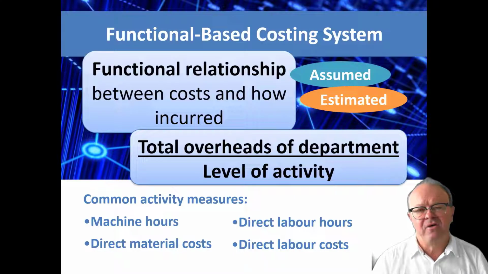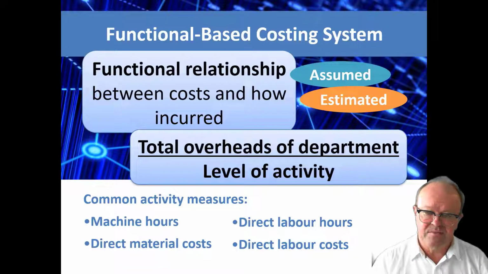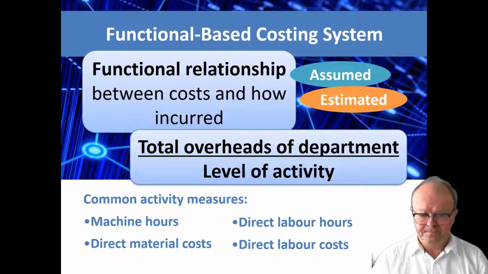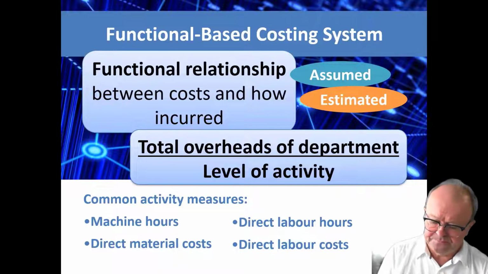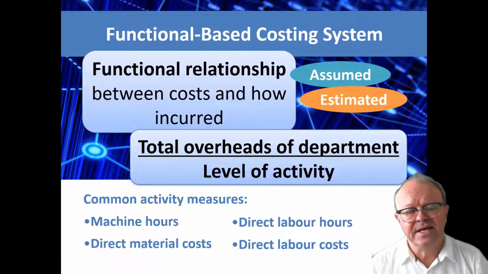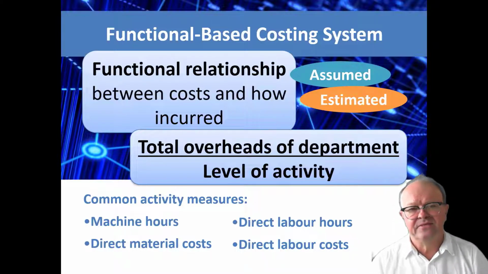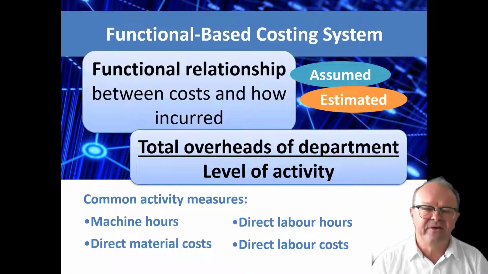So it can be a range of different things, but here's some examples. If it was a factory, for example, machine hours, direct labour hours, direct material costs, direct labour costs, numbers of activity measures. So, for example, in one of Ryman's aged care centres, the total overheads of the department might be $500,000.